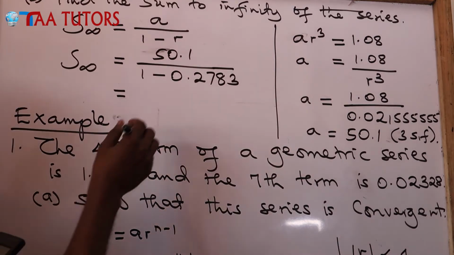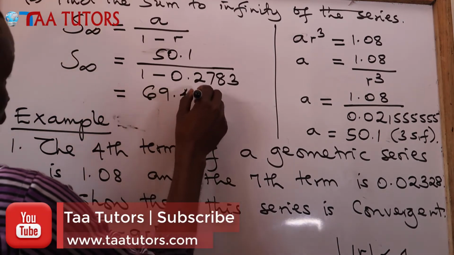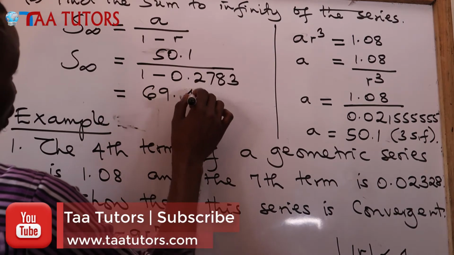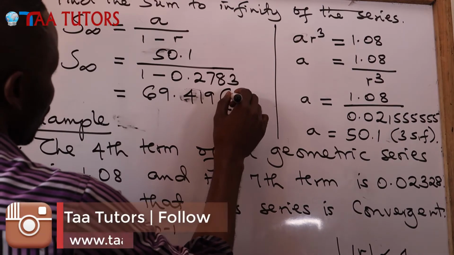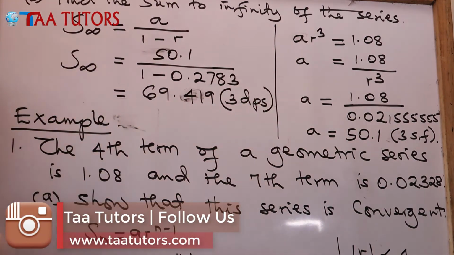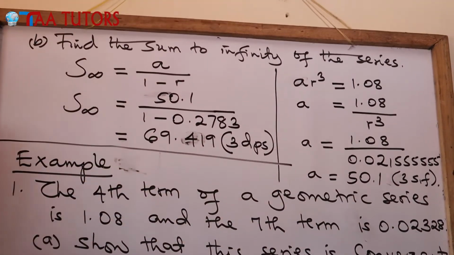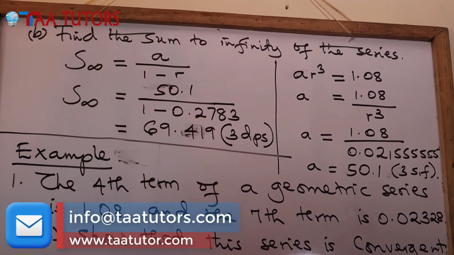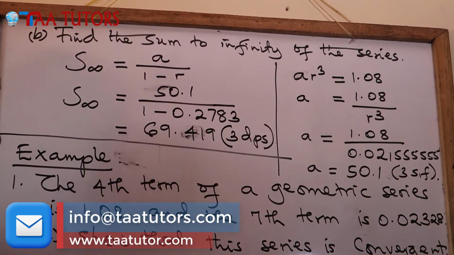That is giving me 69.419, correct to 3 decimal places. So that is going to be my sum, if a is 50.1.